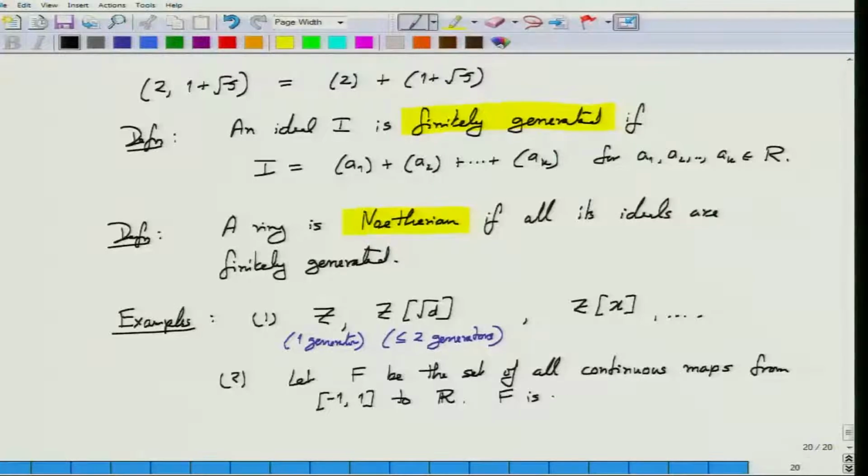All this follows trivially, essentially. So that means F is a ring under addition and multiplication of maps.